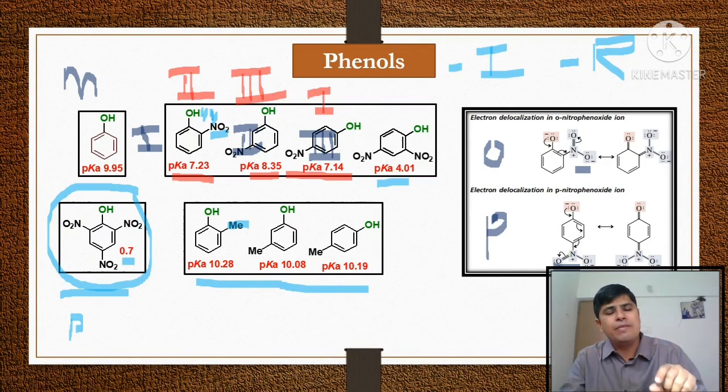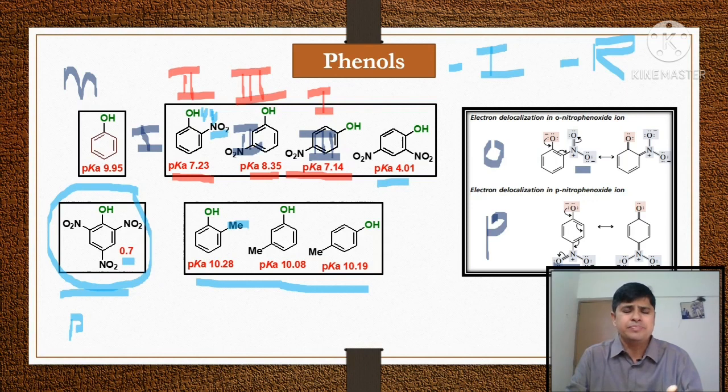So when we have an electron donating or electron pushing group with a plus I effect attached to the phenolic ring, it will decrease the acidity of phenol, and if we have an electron withdrawing group, it will increase the acidity of phenol. So this is about the acidity of phenol. We will stop here. Thank you very much.